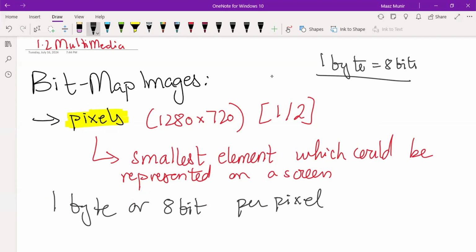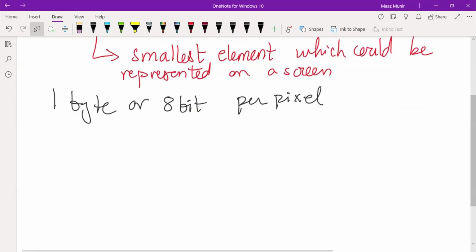So what do I mean by 8 bits? There could be a question which could ask you, let me explain it in a different context. A file size basically depends upon several things, including the number of possible colors.